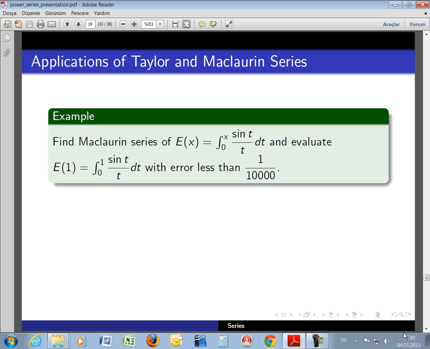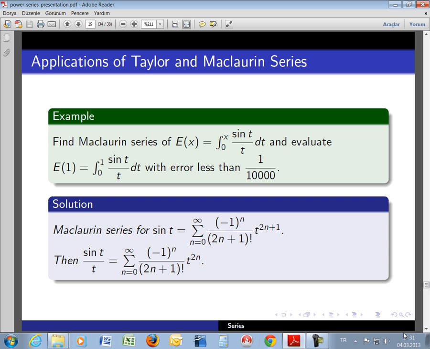If we consider an example, we define a function E of x, which is the integral from 0 to x of sine t over t dt. If we want to evaluate E of 1, which is the integral from 0 to 1 of sine t over t dt, with an error less than 1 over 10 thousand, or 10 to the power minus 4, then we can consider the Maclaurin series for sine t and divide it by t.